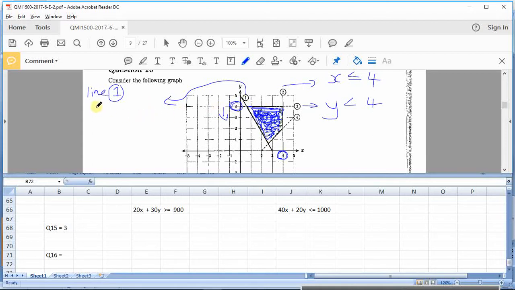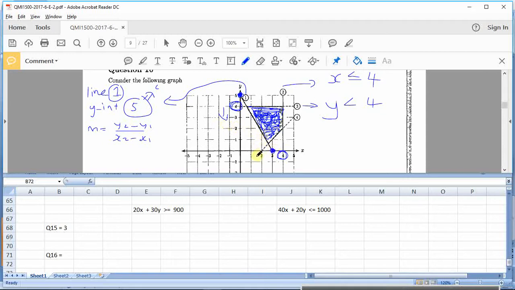So what is the y-intercept? 5. Yes, that's fine. So now I've got the c value. That's my c. Then I need my m. So how do I get m? y2 minus y1 over x2 minus x1. Which 2 points am I going to use? I'm going to use this point here, and that point there.